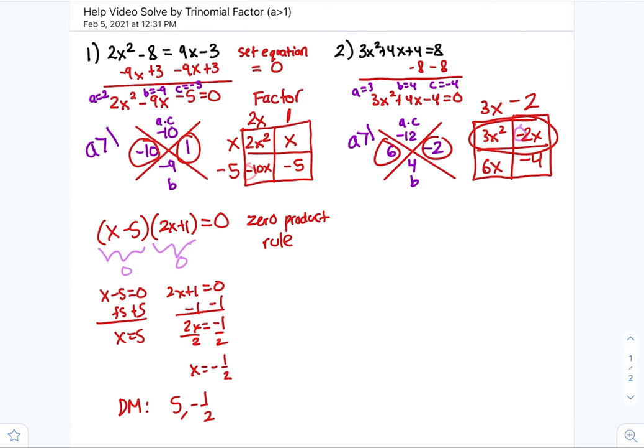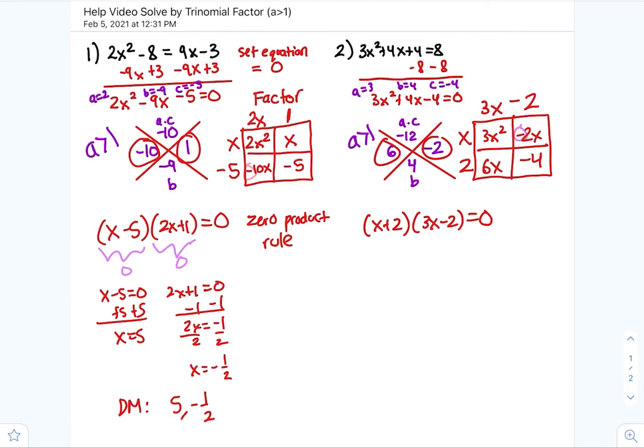Okay, this row: 3 and negative 2, we can't factor out anything from there, but they both have an x, so we can factor out 1x. And from here, between 6 and negative 4, you can factor out a 2. So we're going to have x plus 2 times 3x minus 2 is equal to 0.